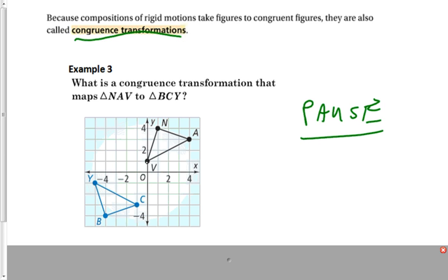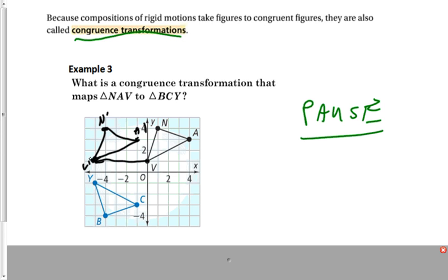If I take NAV and translate it over 1, 2, 3, 4, 5 to the left, I'd have V prime. I would have N prime. And I would have A prime. That was my very large prime symbol there.